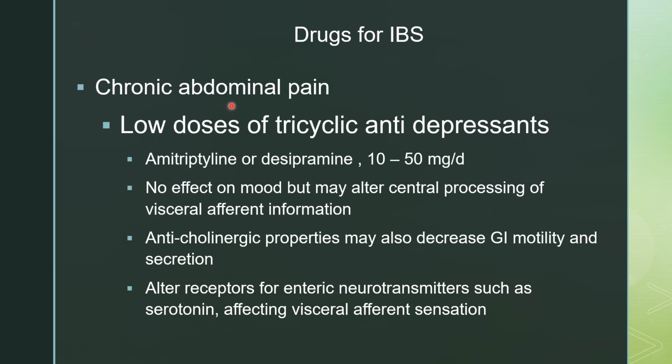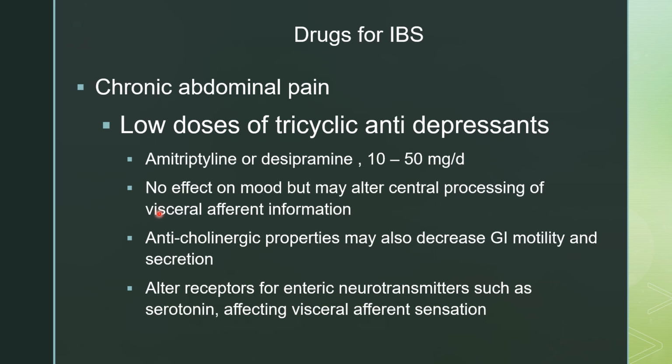For chronic abdominal pain with IBS, pain being the manifestation, you can use low dose tricyclic antidepressants. Low dose, like your amitriptyline and your desipramine, at 10 to 50 milligrams per day.